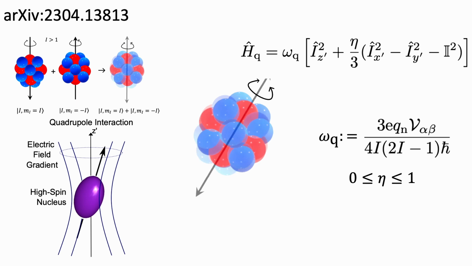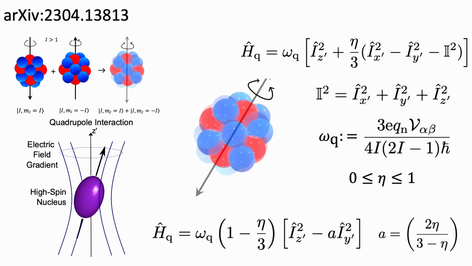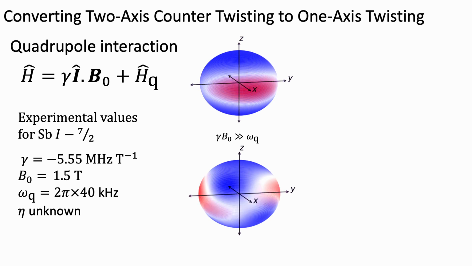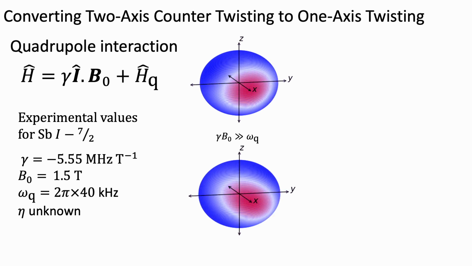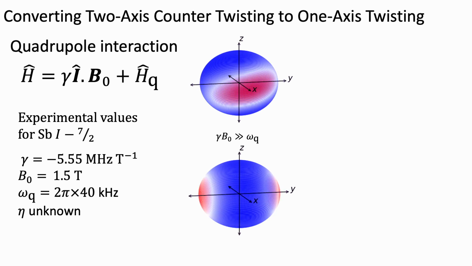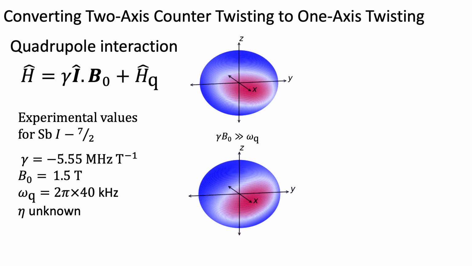Okay, so this is showing that we could pick a different axis. And then this is the tie-in with the 2-axis counter-twisting and the 1-axis twisting. And what you see here is we have in our system the nonlinear term due to the electric field, and then we have a magnetic field, that's the gamma I dot B naught. And so what's happened is there's a linear magnetic field and a quadratic term.